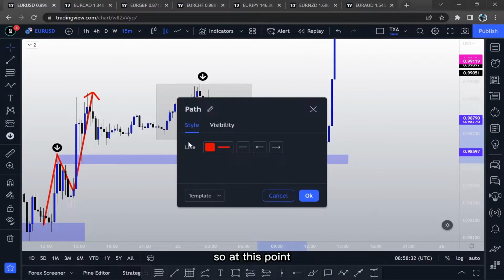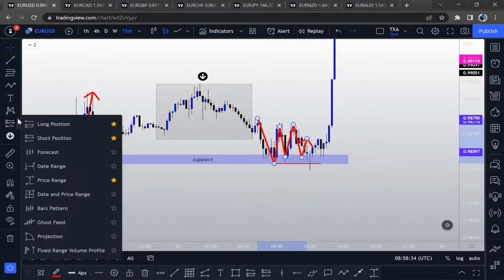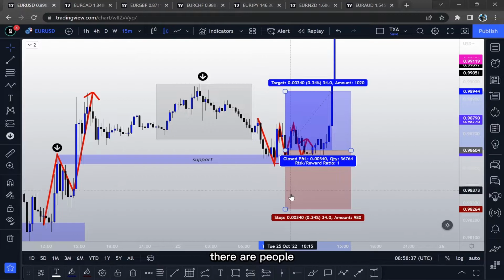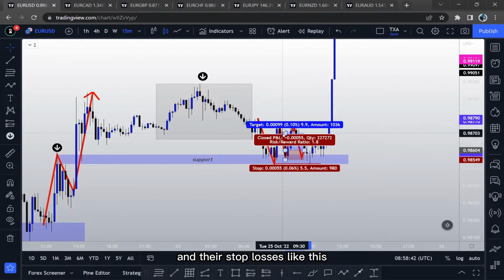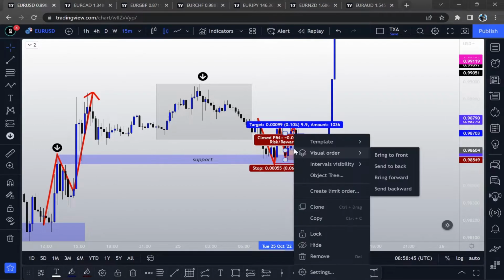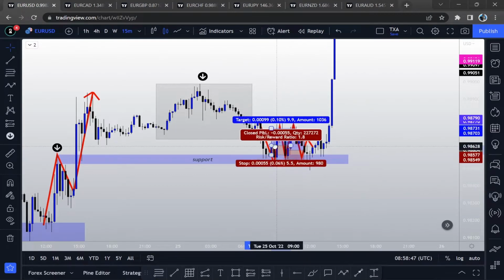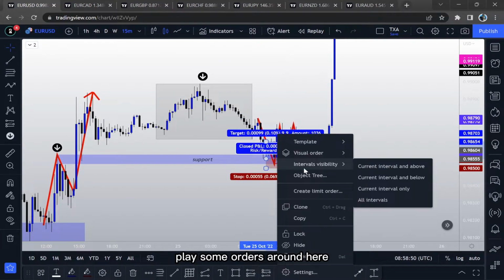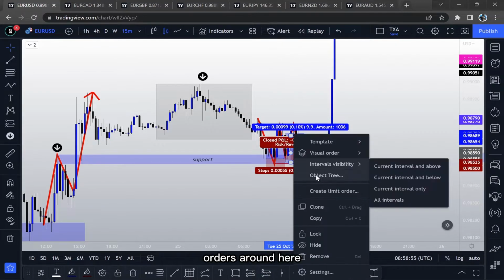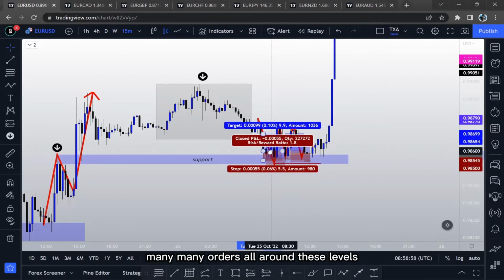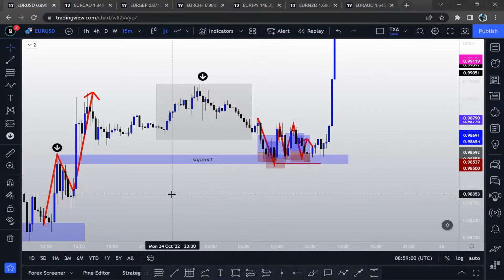So at this point, there are people, retail traders, placing their stop losses like this. Placing orders around here. Orders around here. Many orders all around these levels.